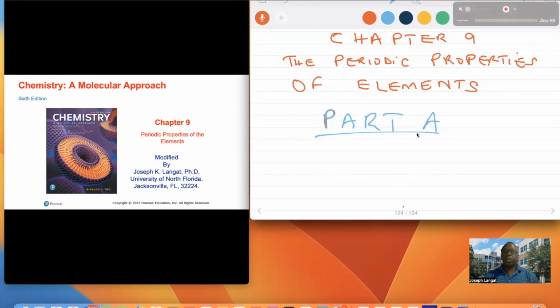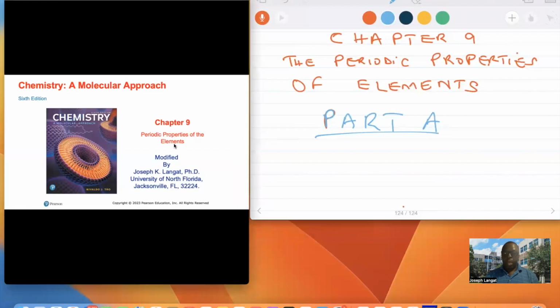We looked at the beginning of the semester the periodic table, naming the elements, and writing the chemical symbols. And in Chapter 9, we will look at how elements react based on the group. And without wasting my time, this is the chapter outline.